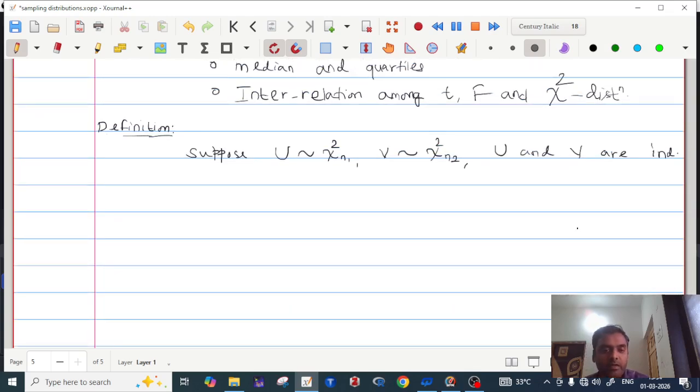Then the ratio of two chi-square random variables divided by their respective degrees of freedom, that is U divided by n1 divided by V divided by n2, equals chi-square with n1 degrees of freedom divided by chi-square with n2.